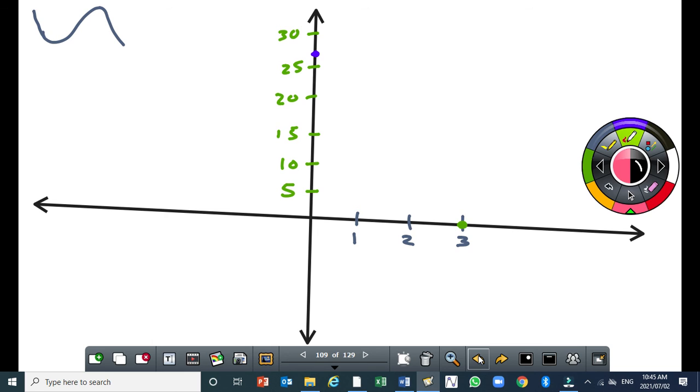The graph is with one x-intercept, so I have to do it like that, and go down like that. So that it is concave up, then concave down.